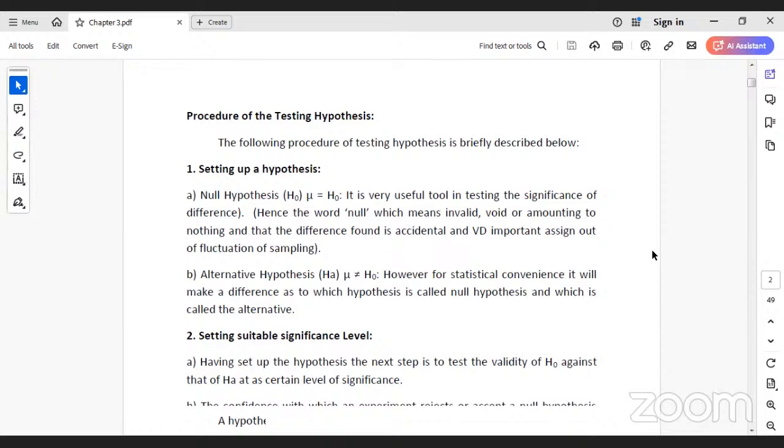Here, the first step is the null hypothesis, H naught: mu is equal to mu naught. It is a very useful tool in testing the significance of difference. Hence the word null, which means invalid, void, or amounting to nothing, and that the difference found is accidental and arises out of fluctuation of sampling.